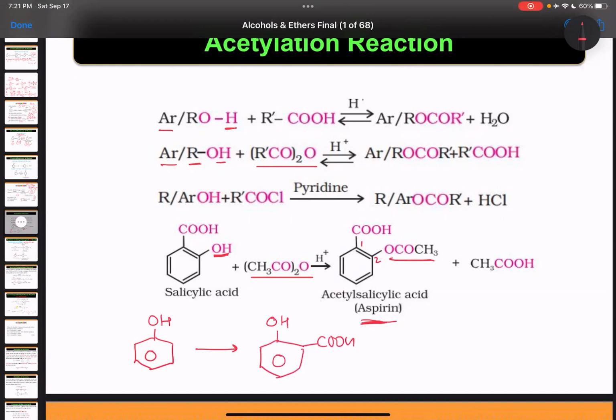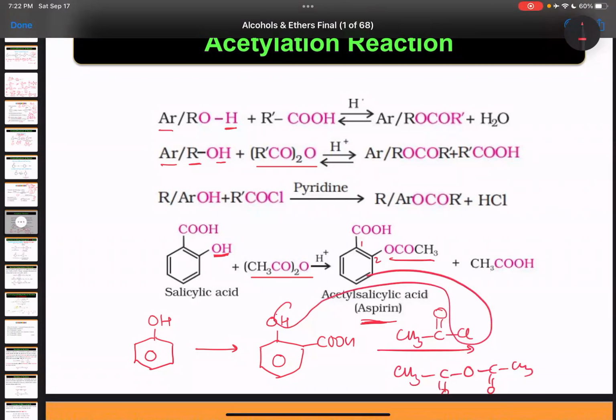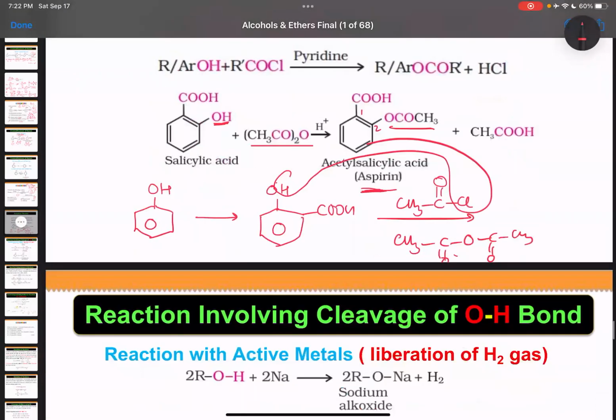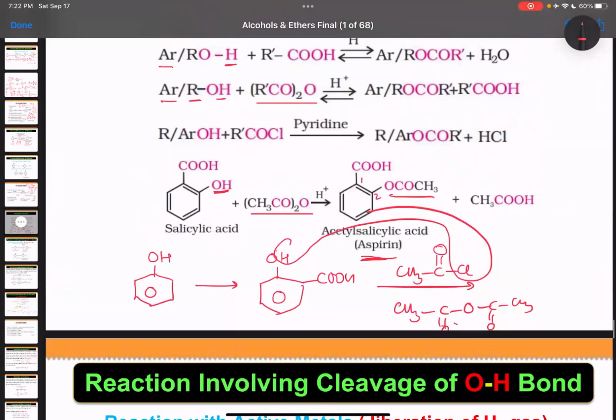So you are going to get salicylic acid, and once you have salicylic acid, you can take CH3COCl, or you can take the acetic anhydride. So HCl will get removed, or H and OAc get removed. You will end up with acetylated salicylic acid. That is aspirin.